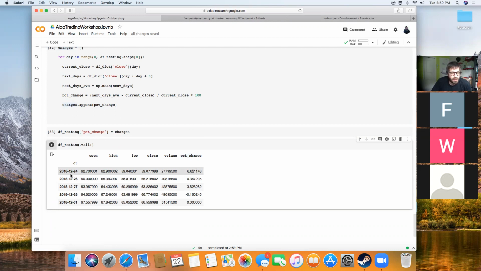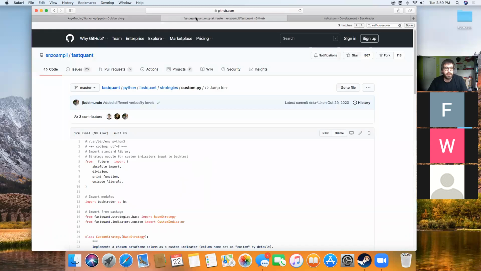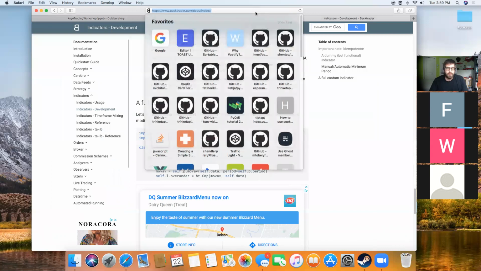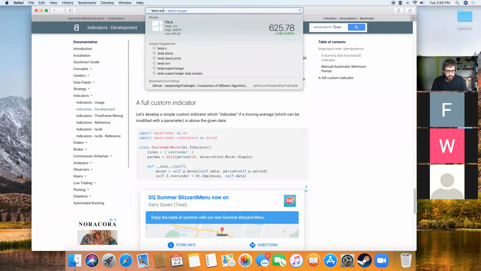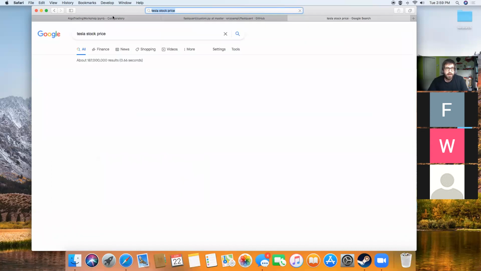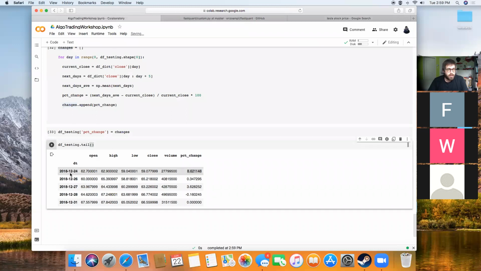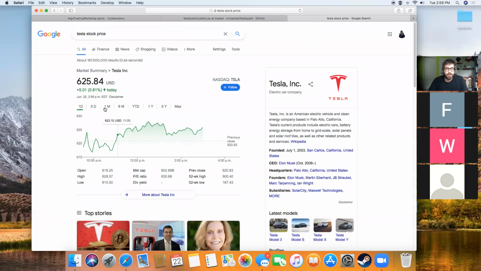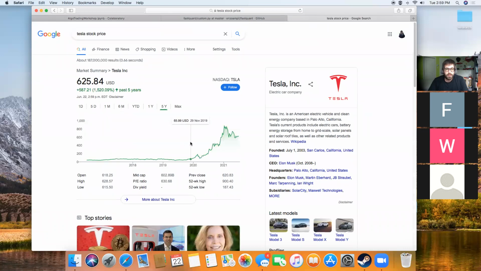Now we can see here, for example, 2412, there's like an 8% percentage change. I'm wondering how true this is. So this was 2018, 2412, 2018.